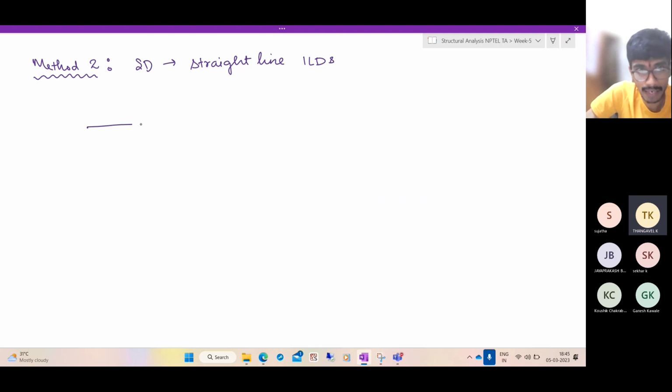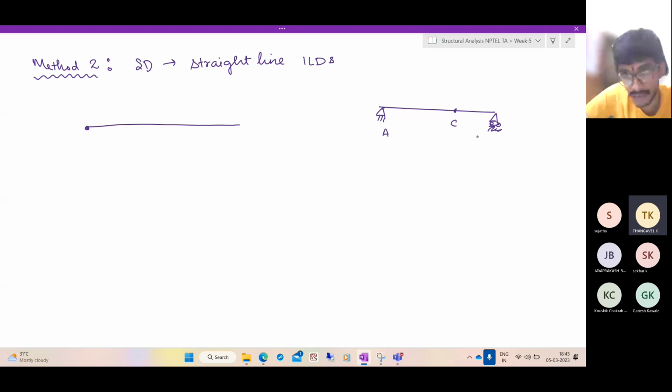As I said, there will be a discontinuity as the load jumps across the point. So at this point, what is the influence line diagram value? Let me draw it systematically. Let me redraw the beam. This is the point C, not an internal hinge. If I want to find the influence line diagram for VC at x equal to 0, the load is applied at this point.